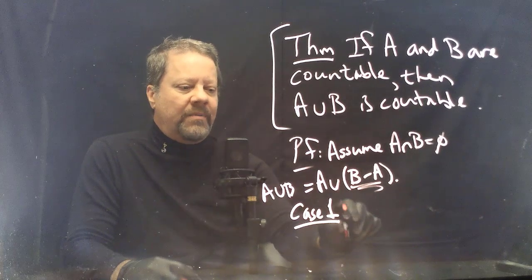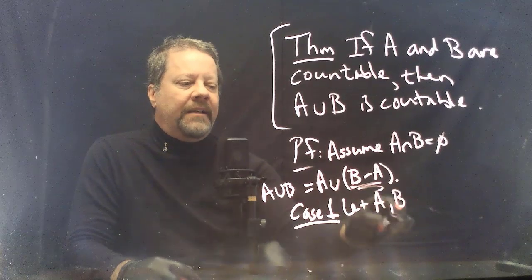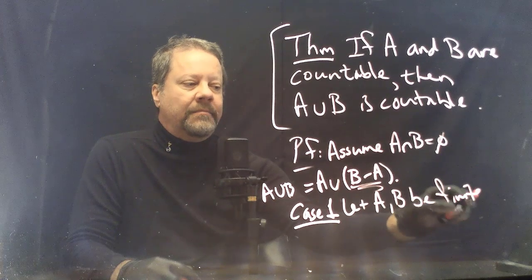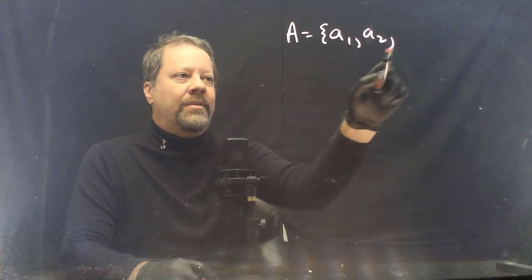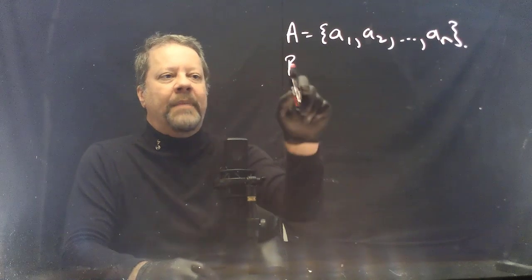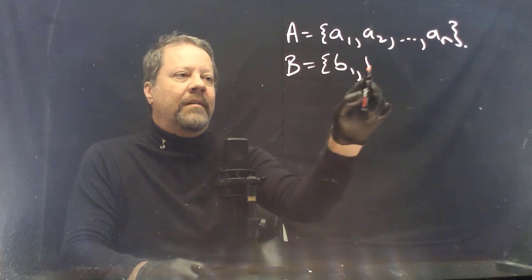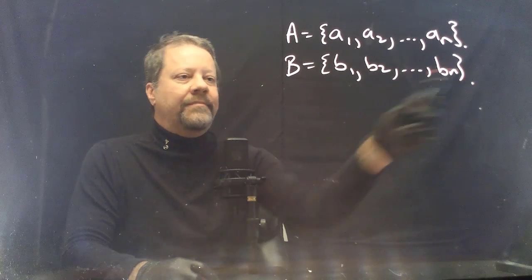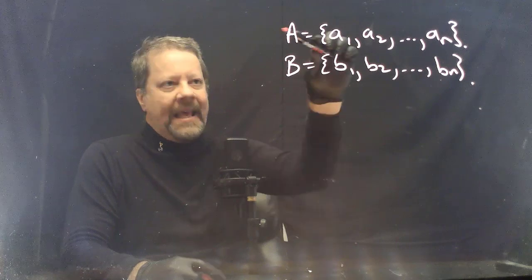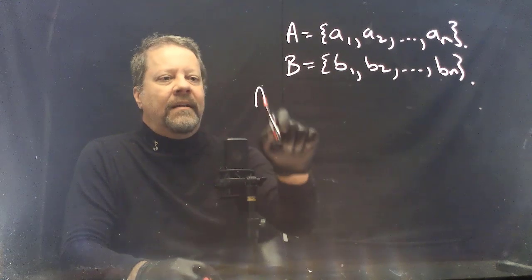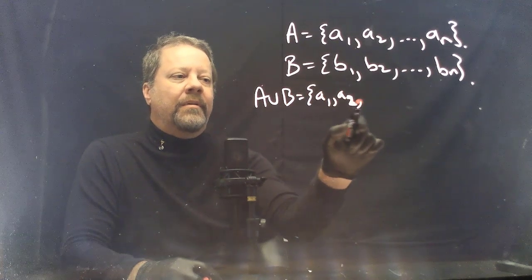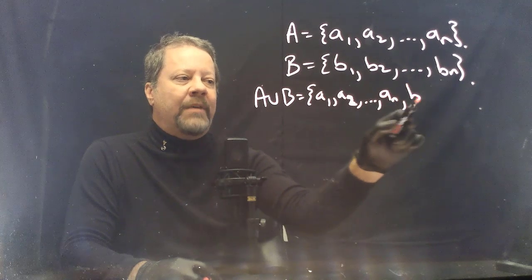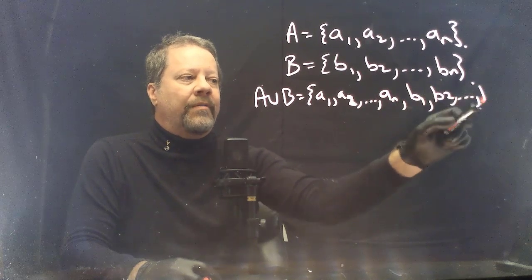In case one, we'll let A and B be finite. In this case, A can be thought of as A1, A2 through An, and B as B1, B2 through Bm. So what about A union B? A union B is A1, A2 through An, followed by B1, B2 through Bm.